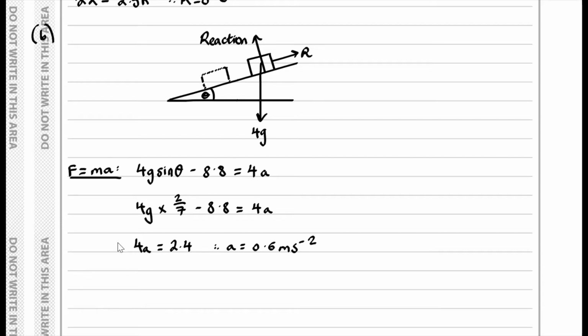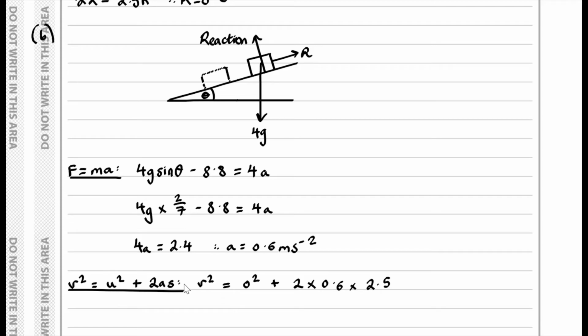So using v squared equals u squared plus 2as, we've got v squared equals 0 squared plus 2 times 0.6 times s, that's 2.5.